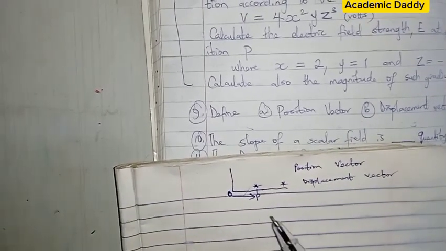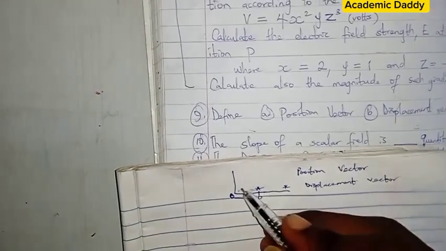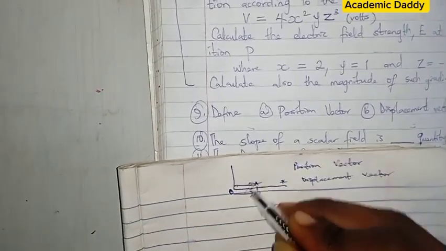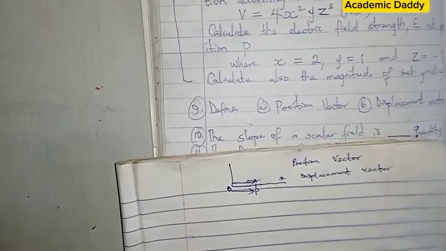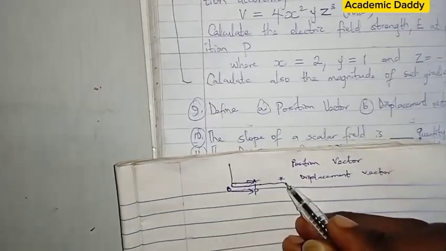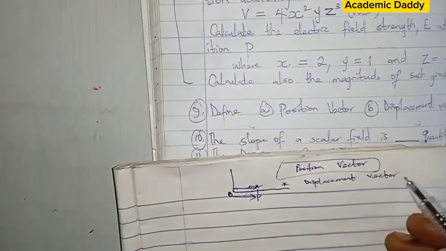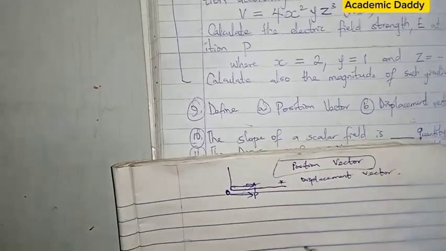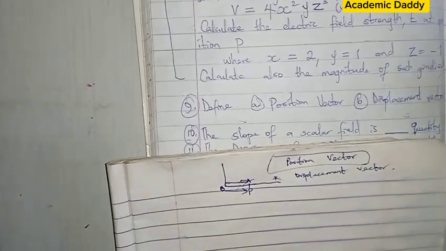So it simply means that position vector is the displacement vector from the origin to a point, while displacement vector is simply the vector from a point to another point.